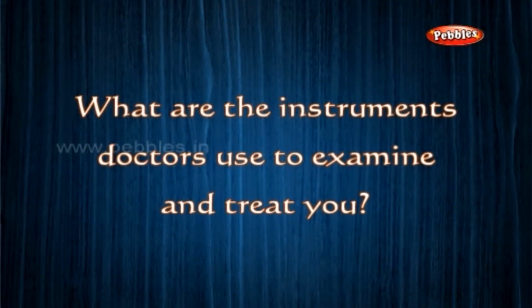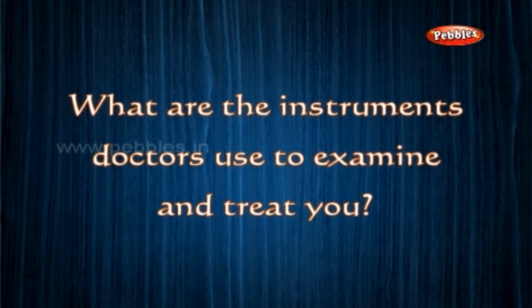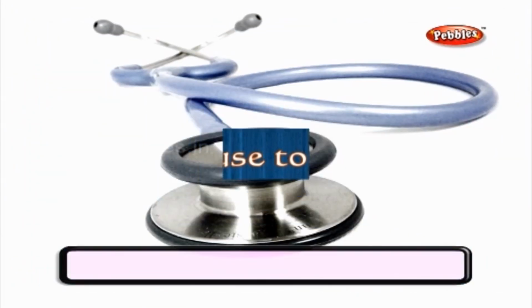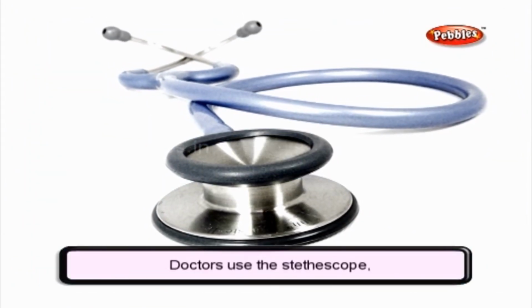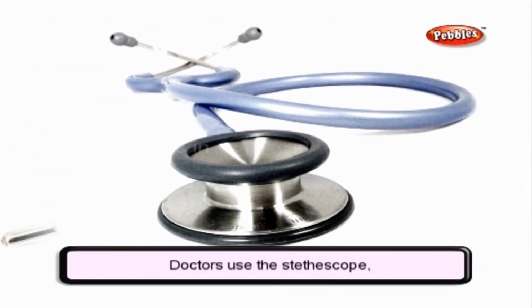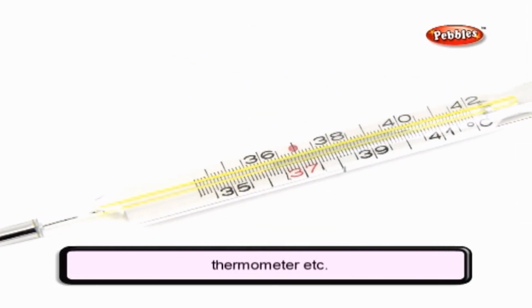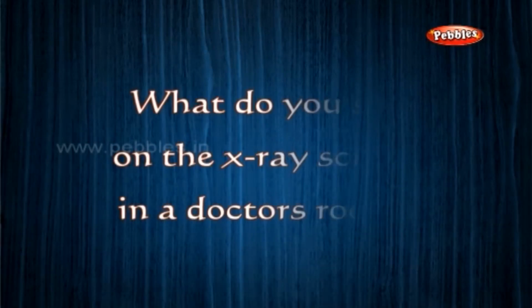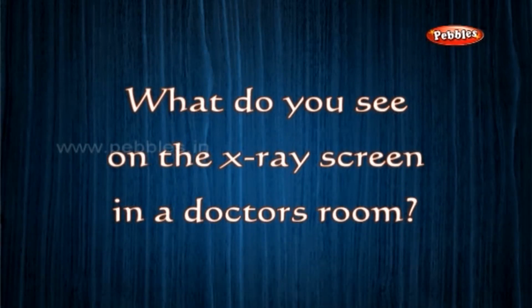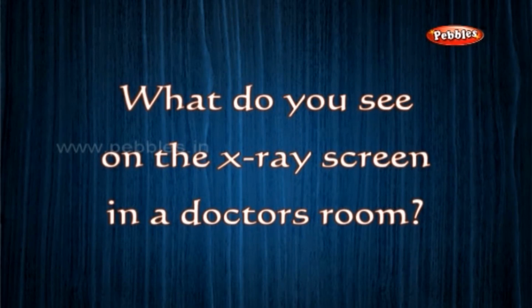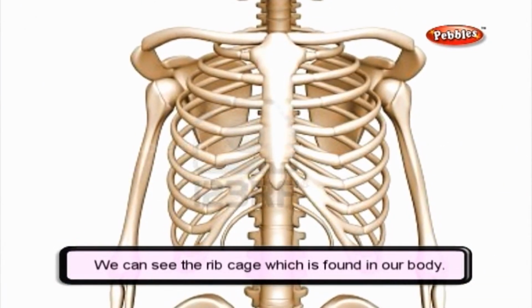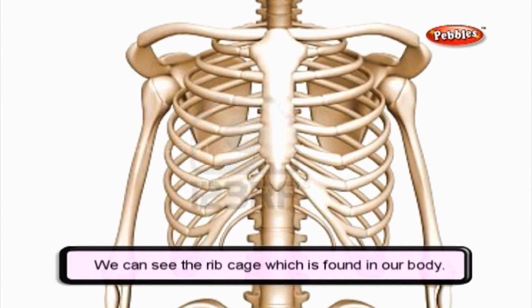What are the instruments doctors use to examine and treat you? Doctors use the stethoscope, thermometer, etc. What do you see on the X-ray screen in a doctor's room? We can see the rib cage which is found in our body.